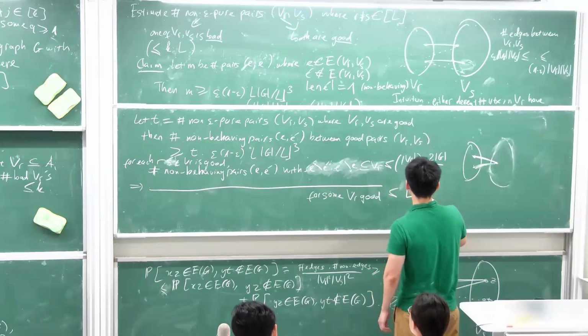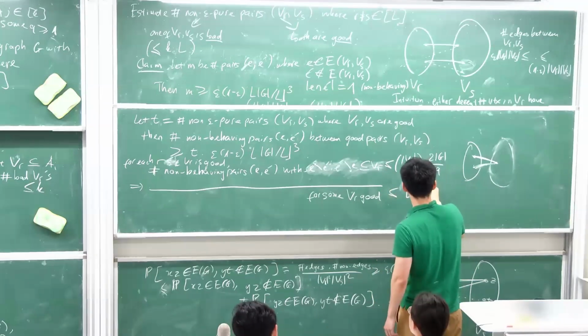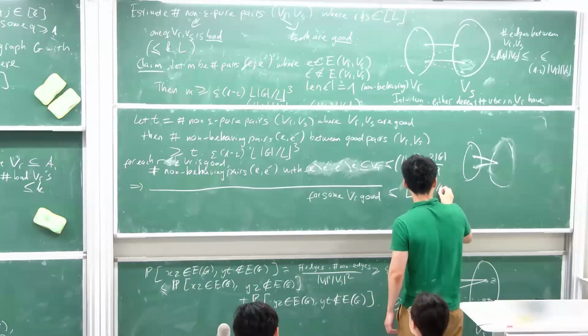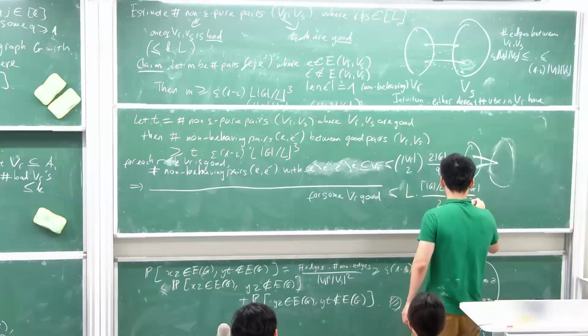L times. So this is, let me say, at most E over L squared divided by 2 times 3Q.